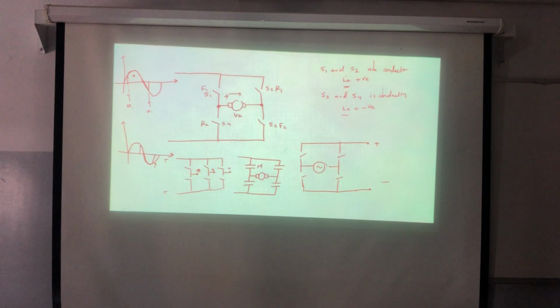Now this is called F, let's call it F1. This will be called F2. This will be called R1, and this will be called R2. So F1 and F2 is for forward motoring. And R1 and R2, if on, is for reverse.